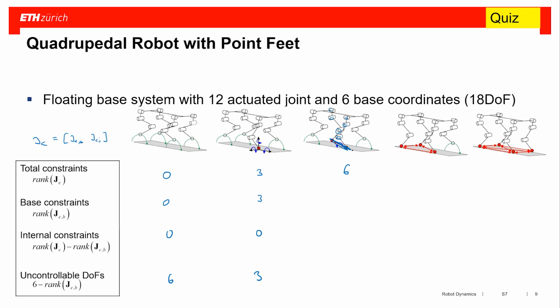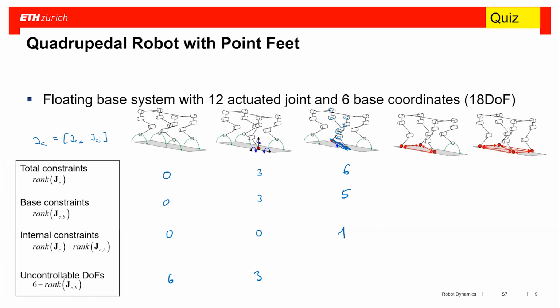It cannot make a pitch around this line or yaw around this line, but it can roll around this line. And this is exactly the 1 degree of freedom that remains free for the base. So the base can only move in a one-directional manifold. So we have base constraints of 5, which means there is one internal constraint.